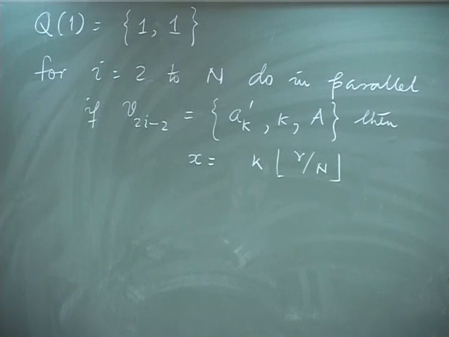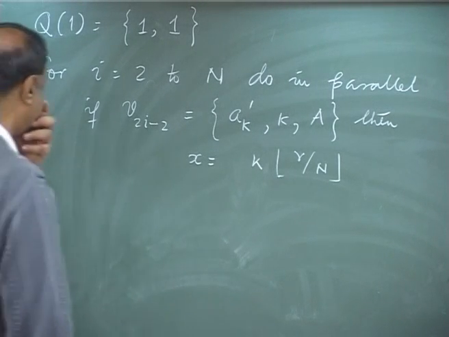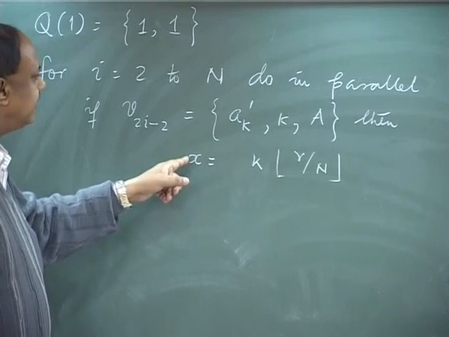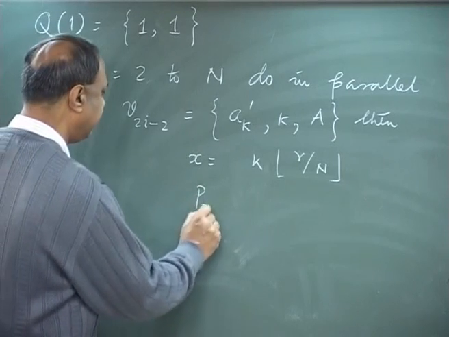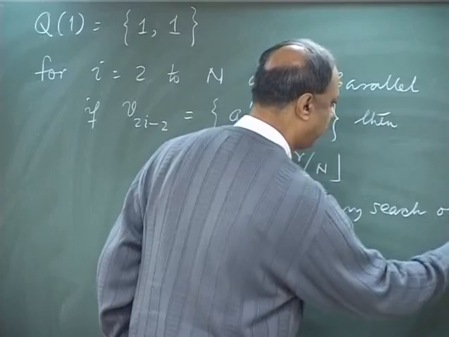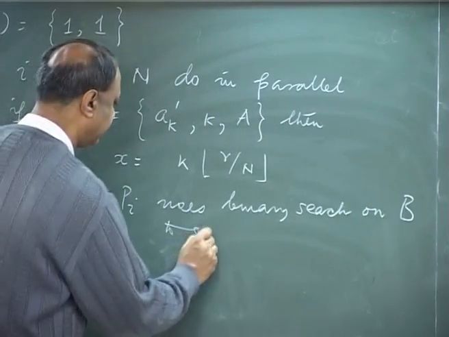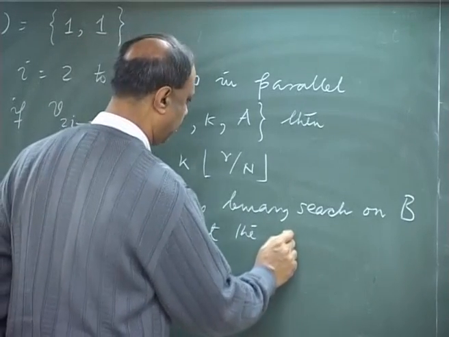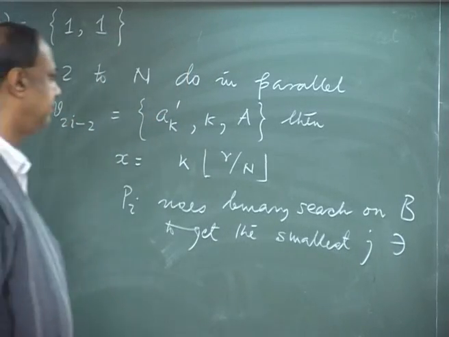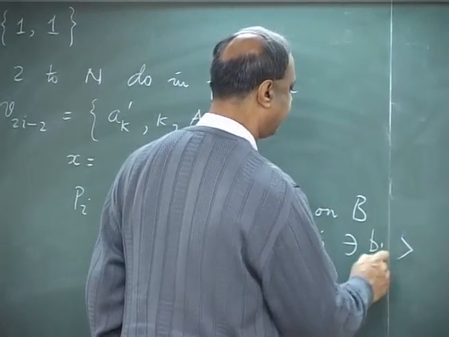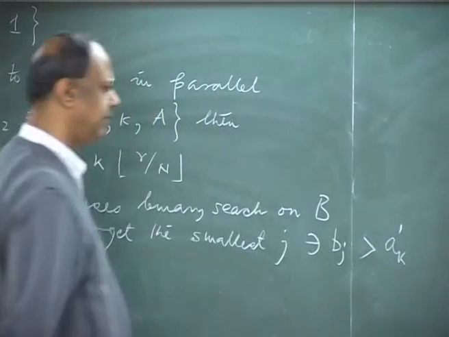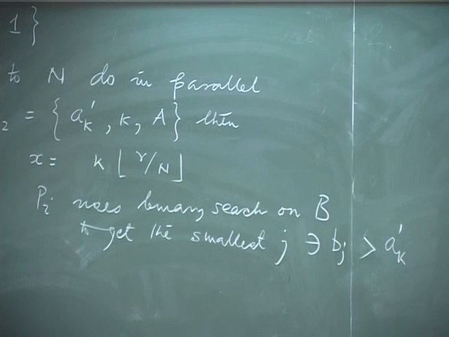Right? So that is the index you got for the original A sequence, and to get the elements which are larger than A_k', you will be doing binary search on the B sequence to get the smallest j such that B_j is greater than A_k'.